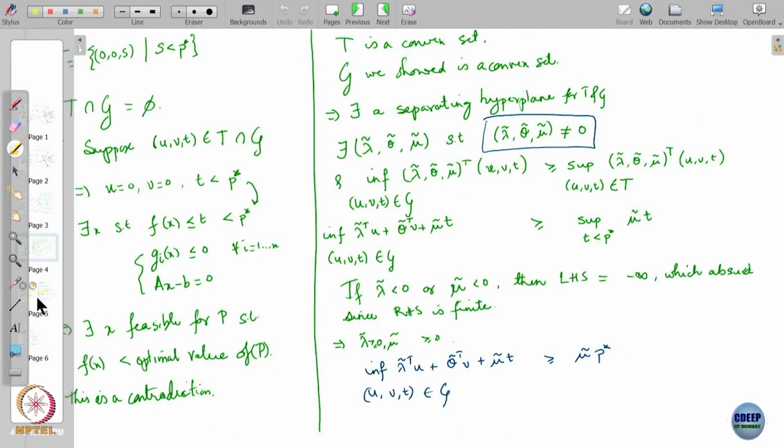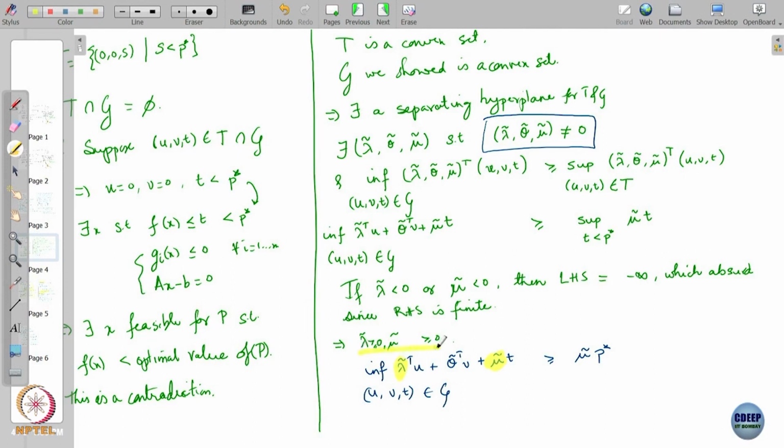Now, the problem from there onwards was that we wanted to show the existence of a non-vertical separating hyperplane, which means that this mu tilde has to be positive, and that this slope here is greater than or equal to 0.